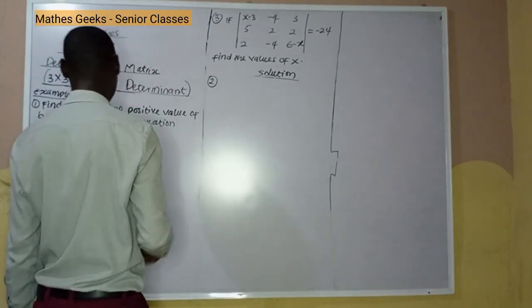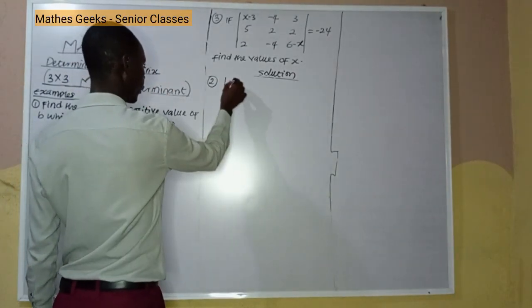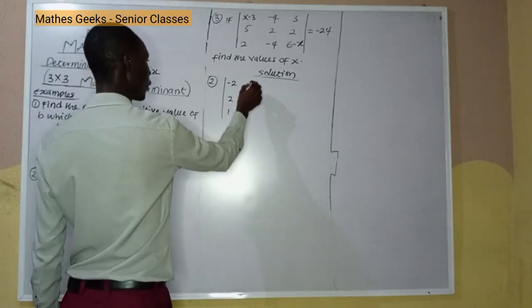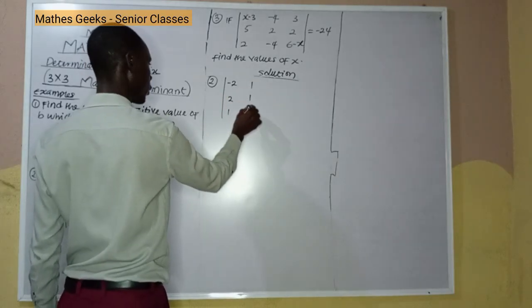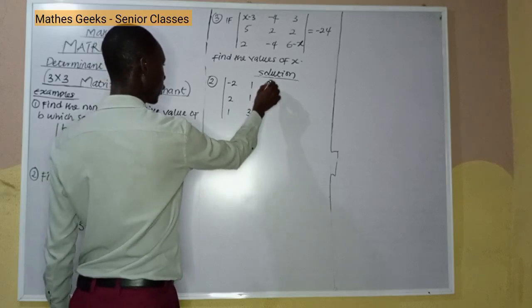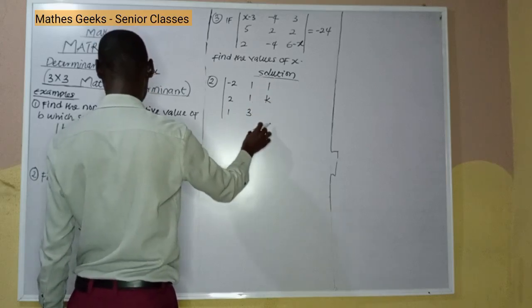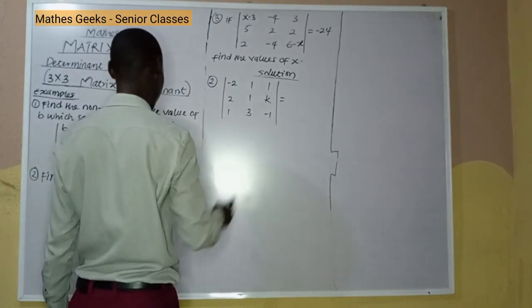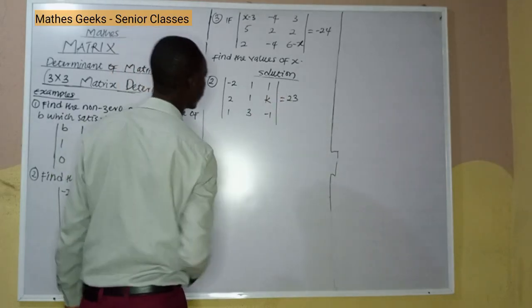Find the value of k if the determinant with rows minus 2, 2, 1; 1, 1, 3; 1, k, minus 1 equals 23.